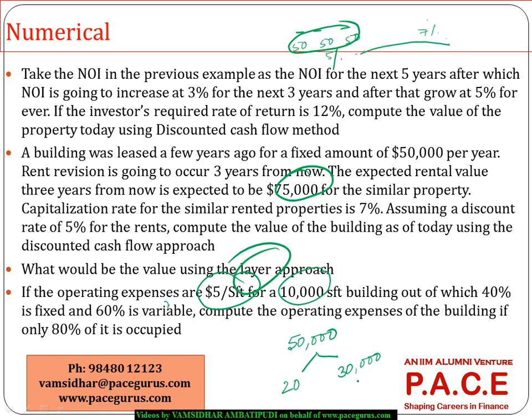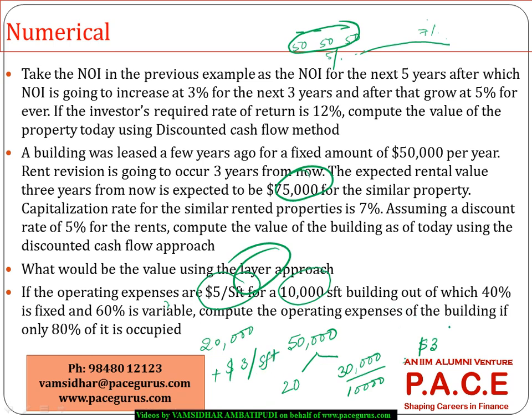So 30,000 is variable, means per SFT $3 is the variable expense. Apart from 20,000 which is fixed, the expense is $3 per SFT which is variable.